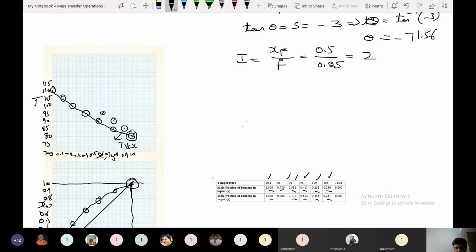Okay, then 100 and 0.456. 0.45 is this one, you get here. And 105 and 0.261. This is 105 and 0.26, here.